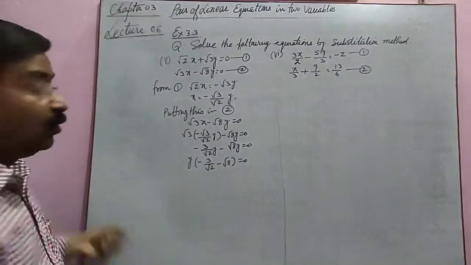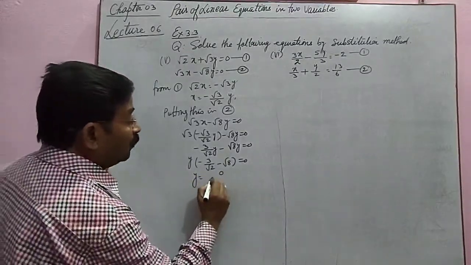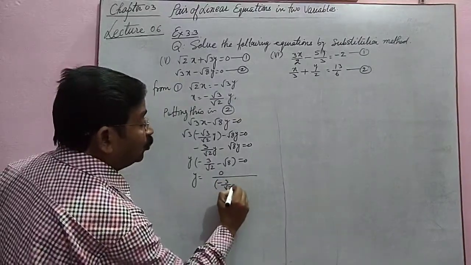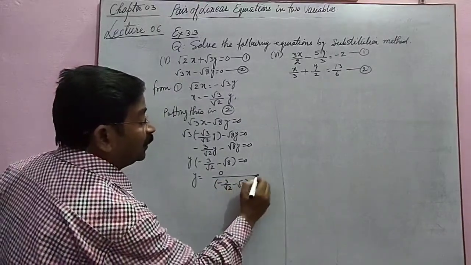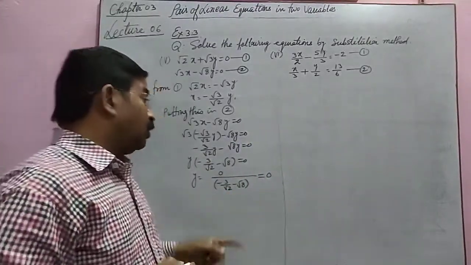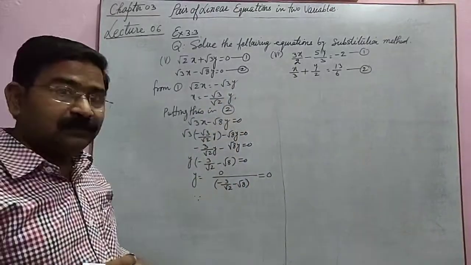If you find the value of y, so y is equal to 0 upon this, minus 3 upon root 2 minus root 8, which is equal to 0. Means y is equal to 0. Now substitute the value of y in here.